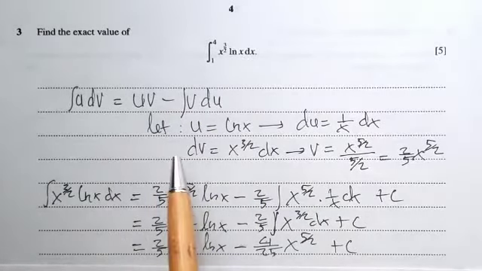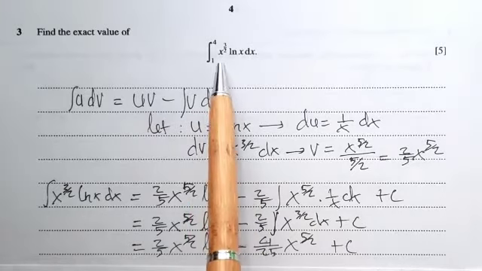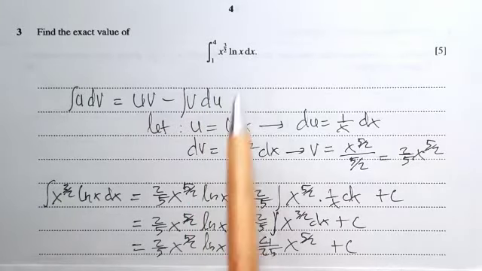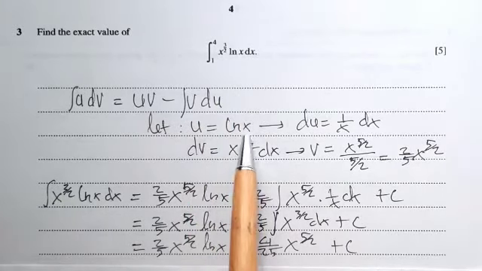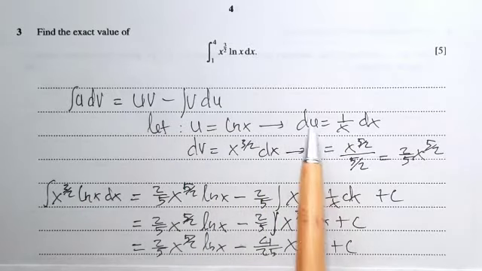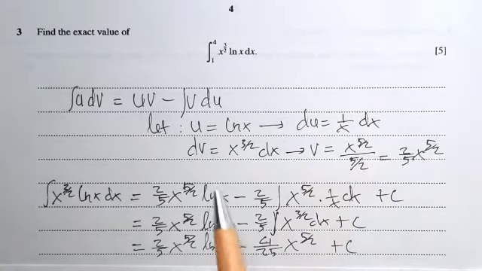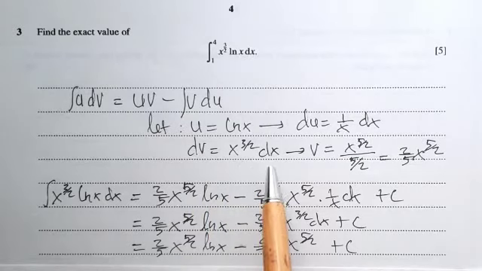We let u equals ln x, and dv equals x to the power 3 over 2 dx. Now u equals ln x, thus du equals 1 over x dx, and dv equals x to the power 3 over 2 dx.